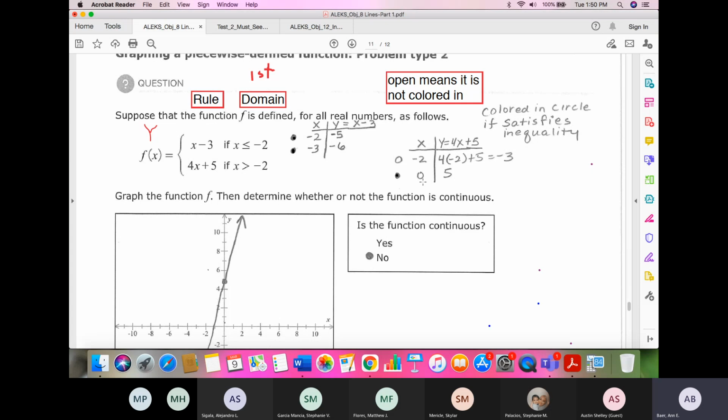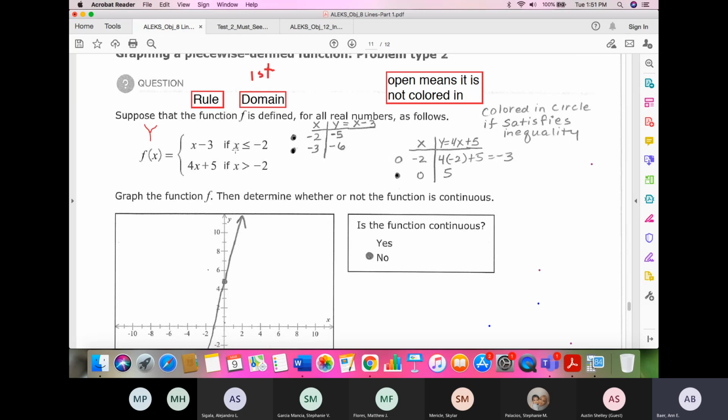So now, why are some of these colored in? These 3 colored in, and this one is just a circle. It has to do with whether the x satisfies the domain or not. If I put -2 in for x here, -2 is less than or equal to -2. That is a true statement.